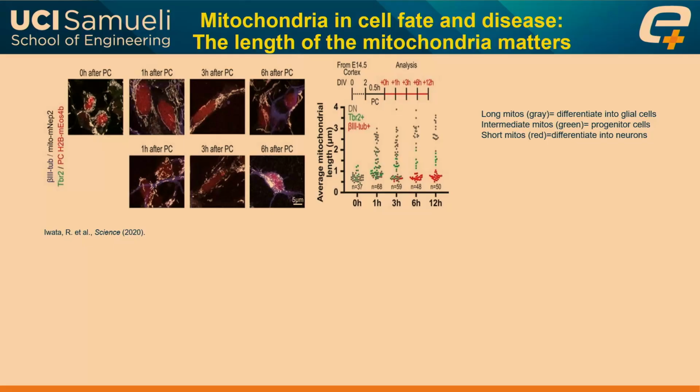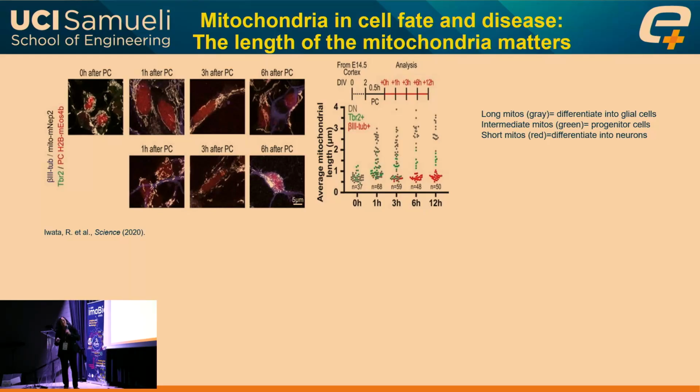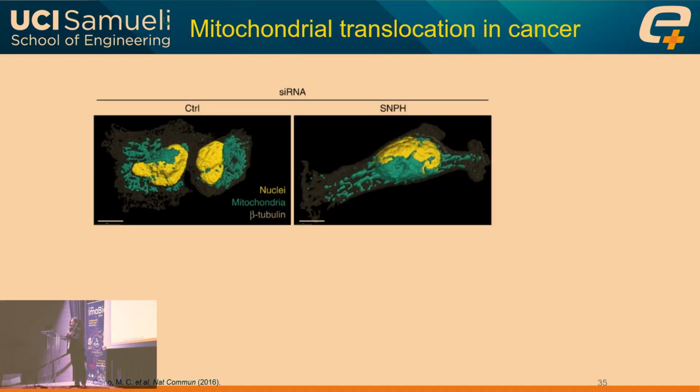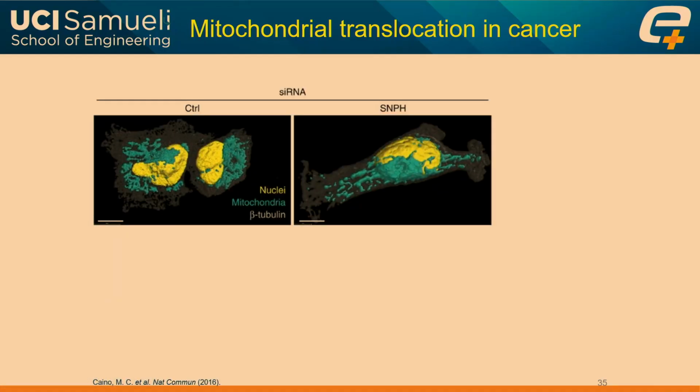So these are not our papers, these are cells that differentiate into glial cells, and you could see that the long mitochondria, which are these gray pixels here, differentiate into glial cells. The intermediate size mitochondria differentiate to progenitor cells, and the short mitochondria differentiate into neurons. So mitochondria is doing a lot of different things in the cell to regulate cell function.